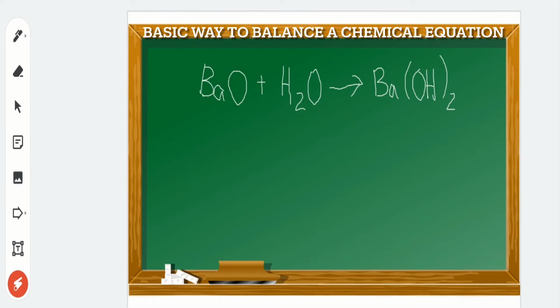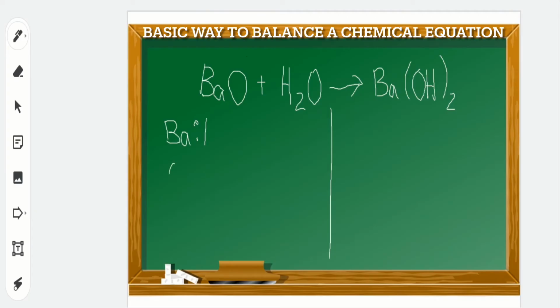So, yung basic ulit sa pag-balance ng chemical equation. Okay, so first, let's have an imaginary line here to divide the side ng reactant at ng product side. And of course, ang susunod ay ililista natin yung mga element. Okay, so sa barium, meron tayong isa, one barium here dito sa reactant.